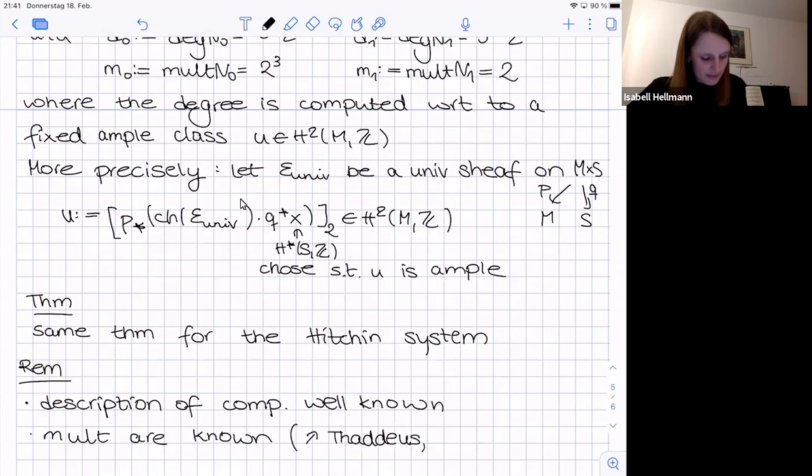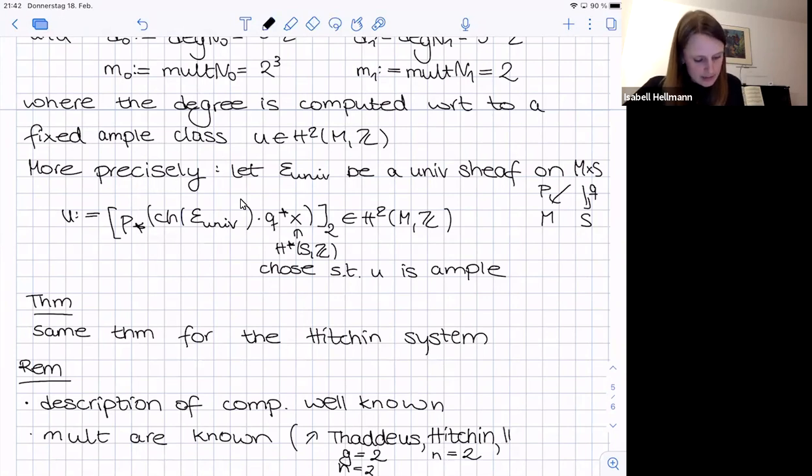I think the first was Dios, also in the genus 2 and n equals 2 case, and then there's a result by Hitchin, which is more of a differential geometric approach, also for n equals 2.